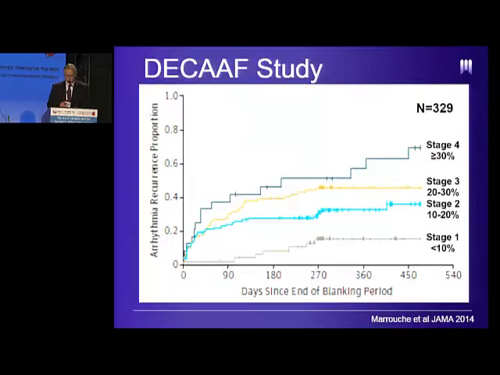The Utah group has subsequently done a multi-center study called the DECAAF study, in which 329 patients who underwent catheter ablation for treatment of atrial fibrillation at multiple centers across the world had cardiac MRI. All the analyses were performed at Utah, and they defined 4 different stages of fibrosis, whether there was less than 10% burden, 10 to 20% burden, 20 to 30% burden, and over 30% burden.